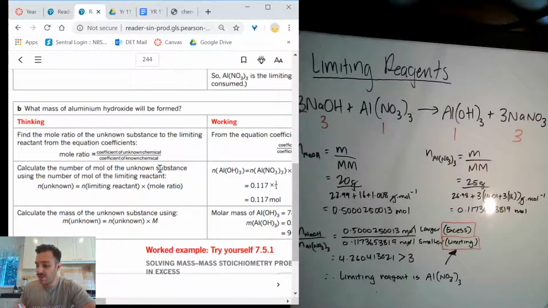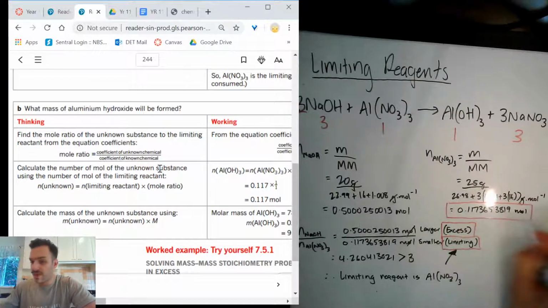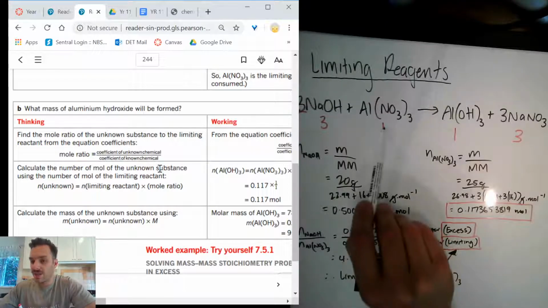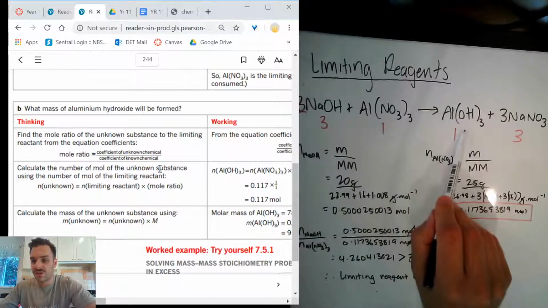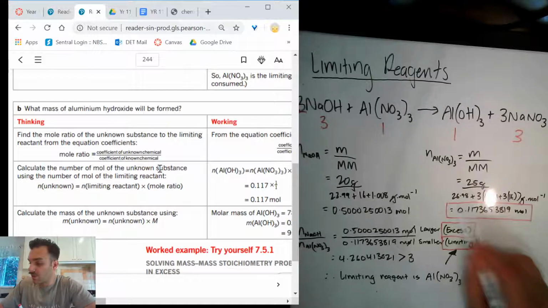The mass of aluminium hydroxide that's going to be formed is purely going to be based on this number here. So if we go back up to our equation, we can see that every aluminium nitrate gives us 1 aluminium hydroxide. So these are in a 1-to-1 ratio. So I know that this number of moles here is equal to the number of moles of aluminium hydroxide as well.